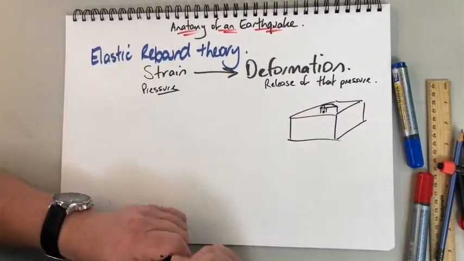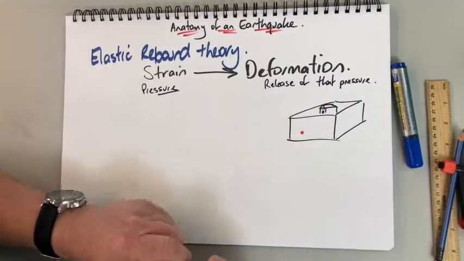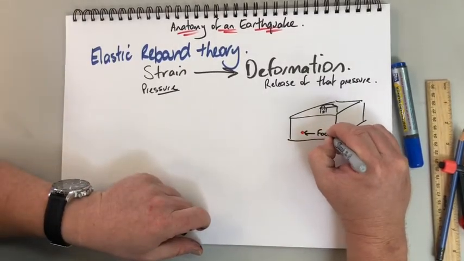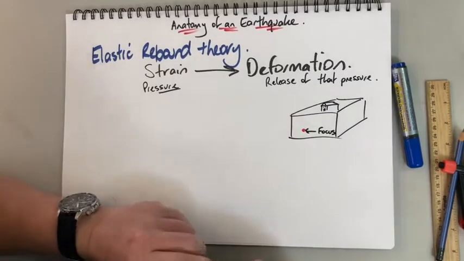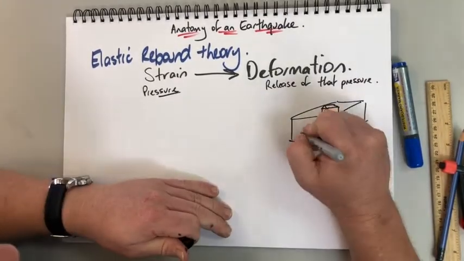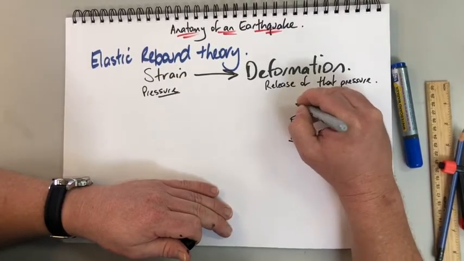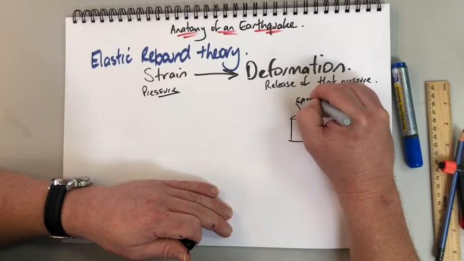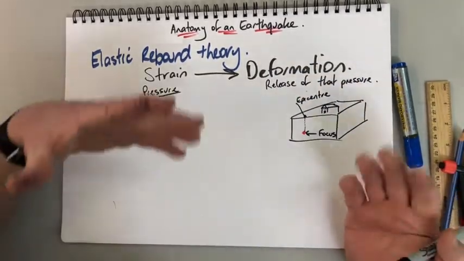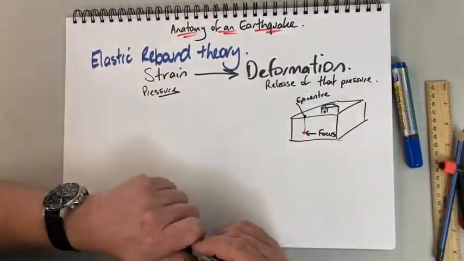Okay, so if we're going to have our earthquake occurring right here, this is the focus. It's the focal point of the earthquake. It is where the earthquake happens. Directly on the surface above that, we have the epicenter. We need an epicenter so that we have an approximate area, an indication of what's happened and where it's happened.